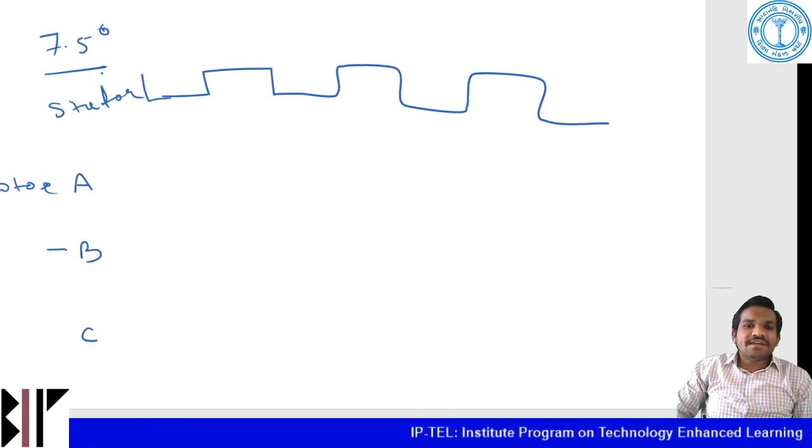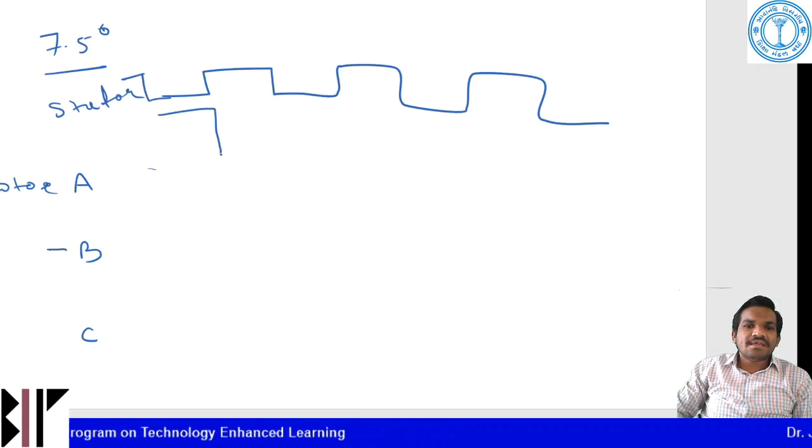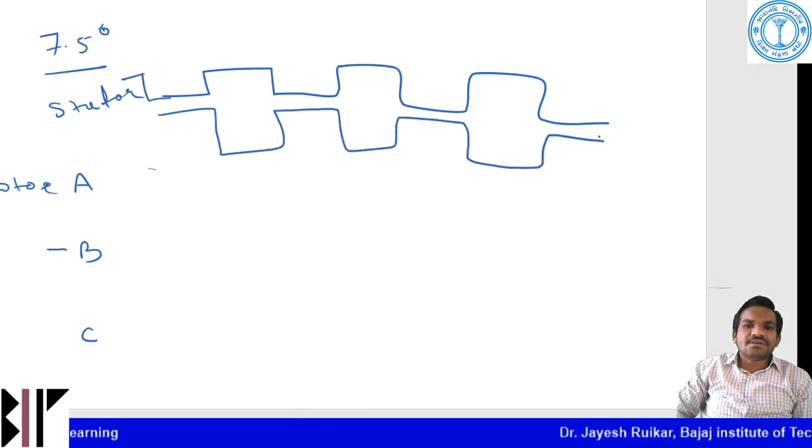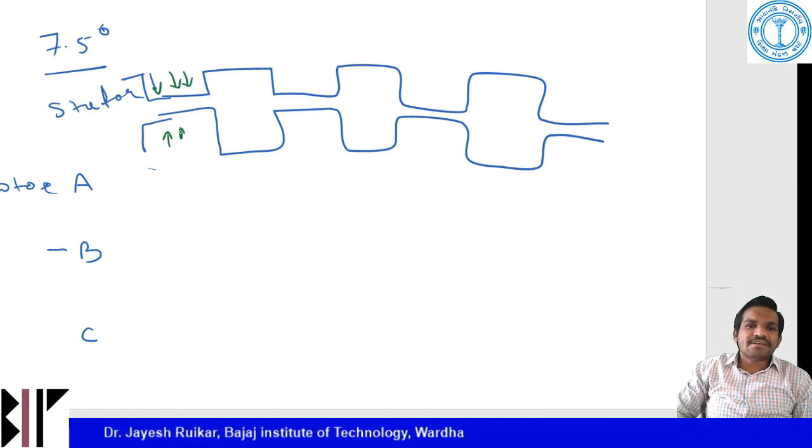When I have 7.5 degree of displacement and I energize A, all of this will be aligned to each other. So all my teeth are aligned, and then it will give you magnetic flux.